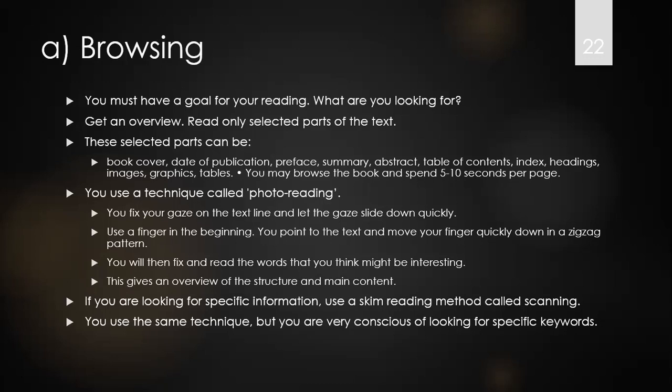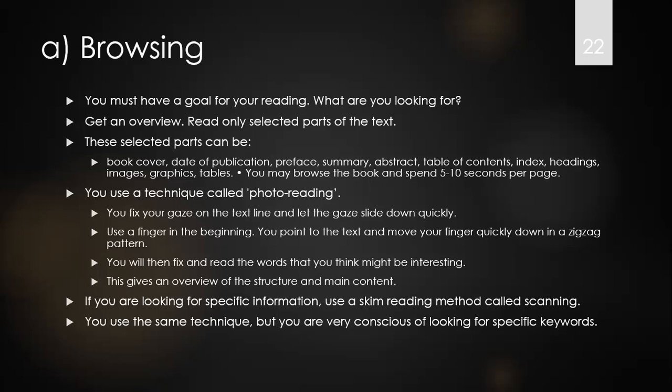You use a technique called photo reading when you are browsing. You fix your gaze on the text line and let the gaze slide down quickly. Use a finger in the beginning. You point to the text and move your finger quickly down in a zigzag pattern. You will then fix and read the words that you think might be interesting.